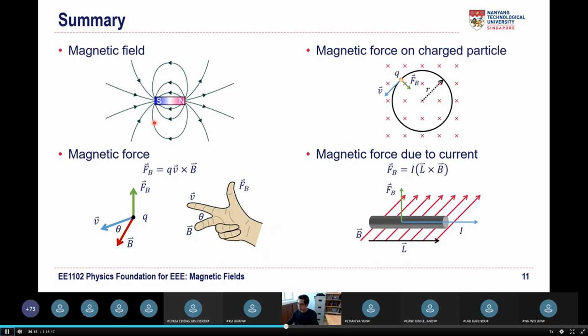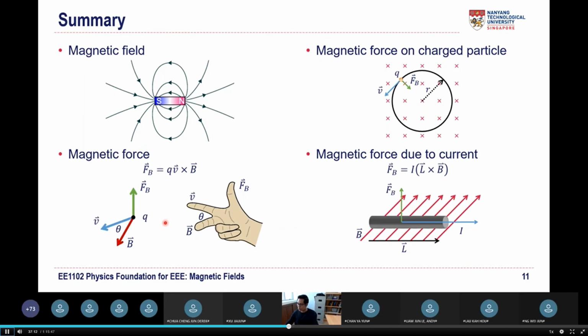So we've talked about what a magnetic field is. When we have a magnet, there's going to be a field around the magnet where the field lines start from the north pole and end at the south pole. You can draw field lines like this, just like how you draw electric field lines.